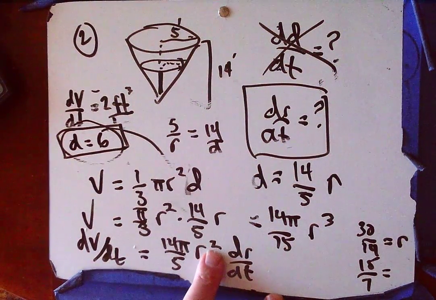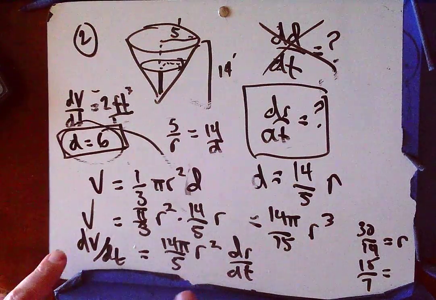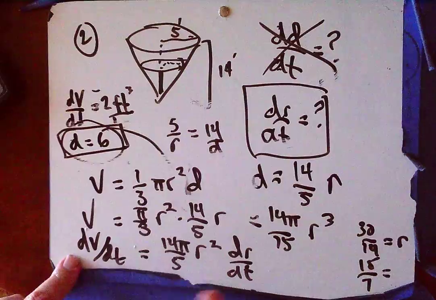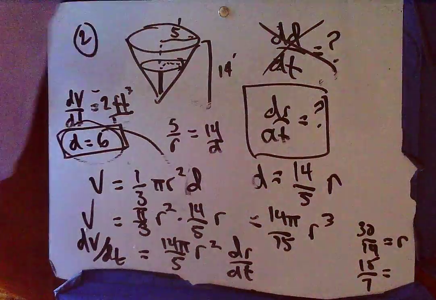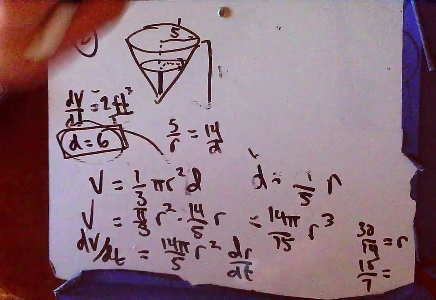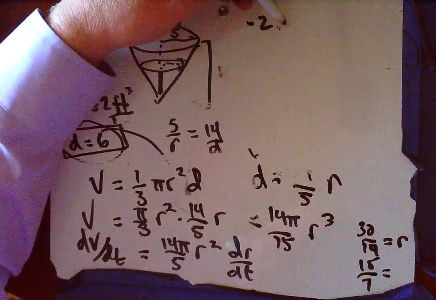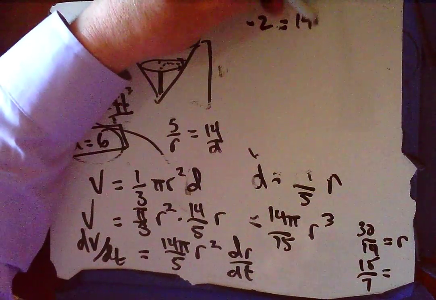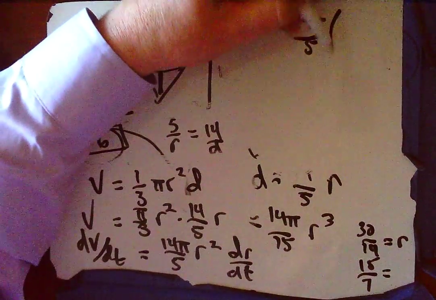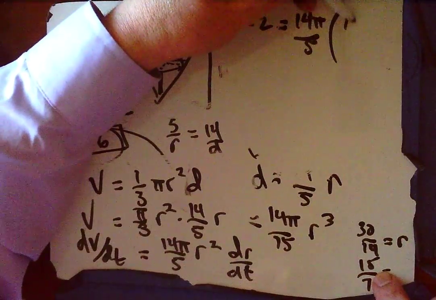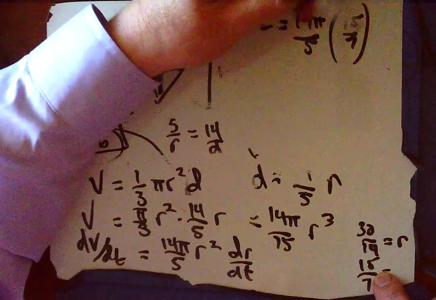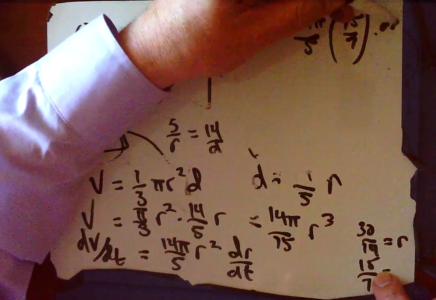Don't forget to square that 15 over 7. And we know this is -2. And you want to divide both sides by all of this so you can get dr/dt by itself. So I'm going to have -2 equals 14 pi over 5. My radius is 15 over 7 squared, and we're looking for dr/dt.